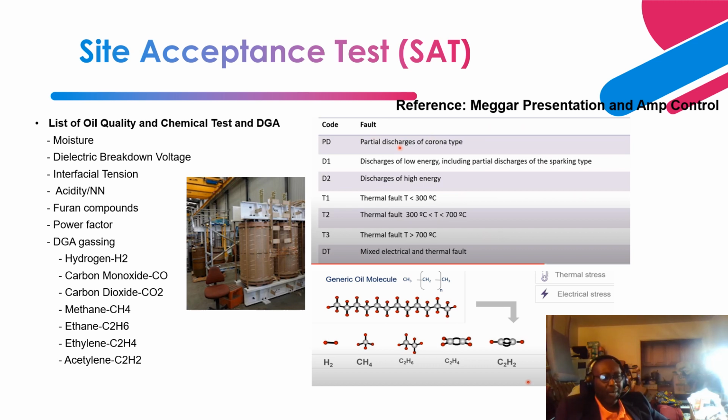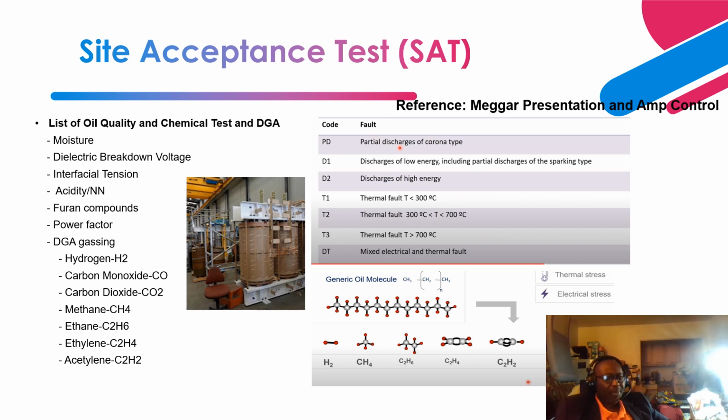Next is furan compounds. Okay, so as you can see, like I indicated, the transformer has a lot of paper insulation, right? You have paper, thermally upgraded paper wrapped on the conductor, right? You have compression rings that are made from high density wood, right? You have spacers. You have cylinders. They're all made up of corrugated woods, right? High density woods.